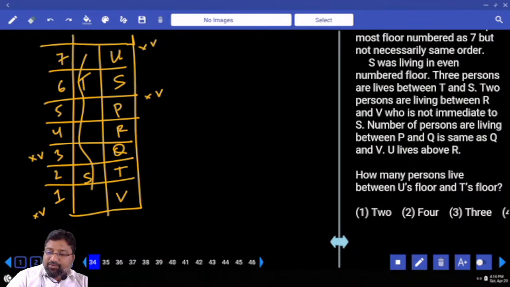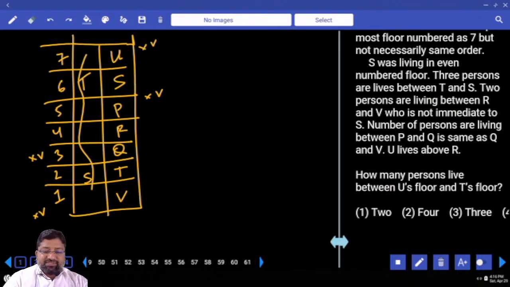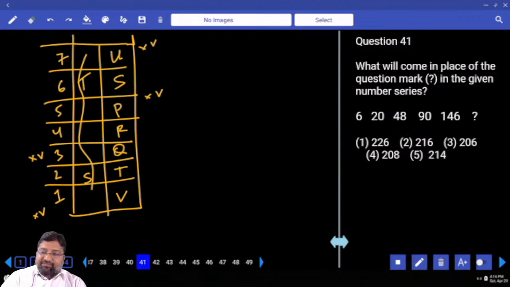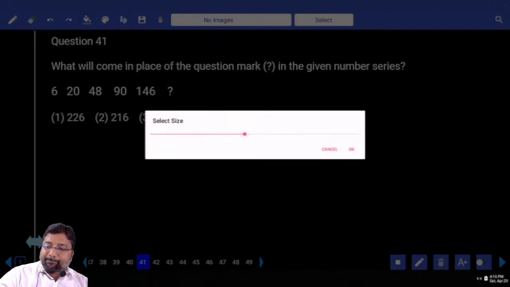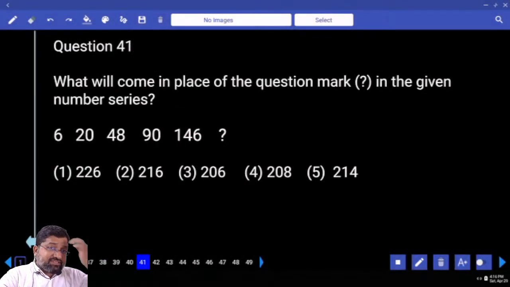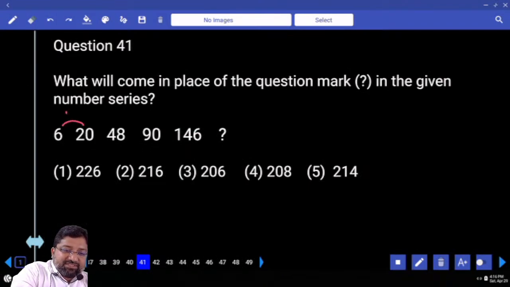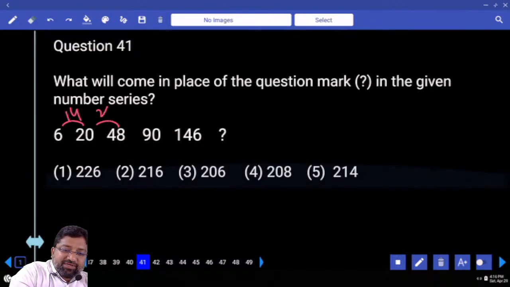Next, I am sure you'll be doing it. Any question on number series? 41. Is it increasing or decreasing? Huge increase or gradual increase? Gradual. My duty is to go for the difference. How much is this? 14. What about this? 28.